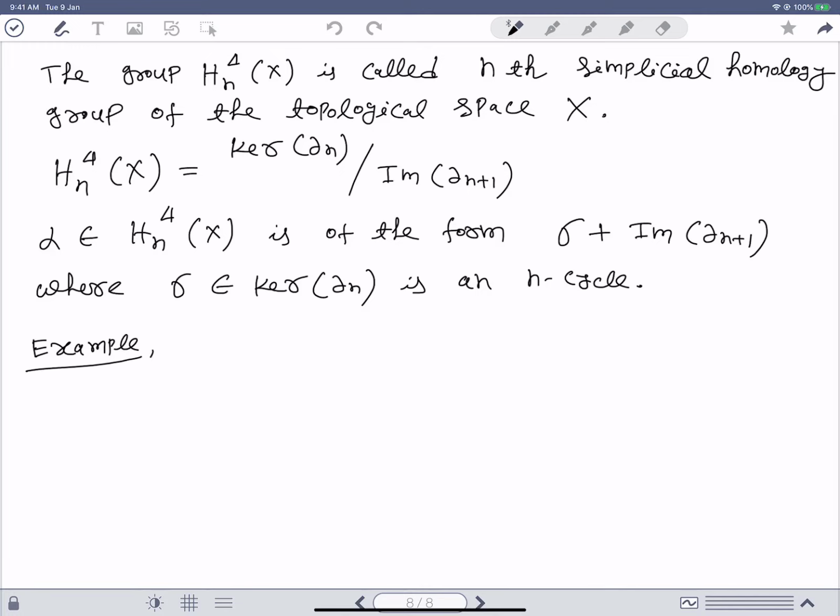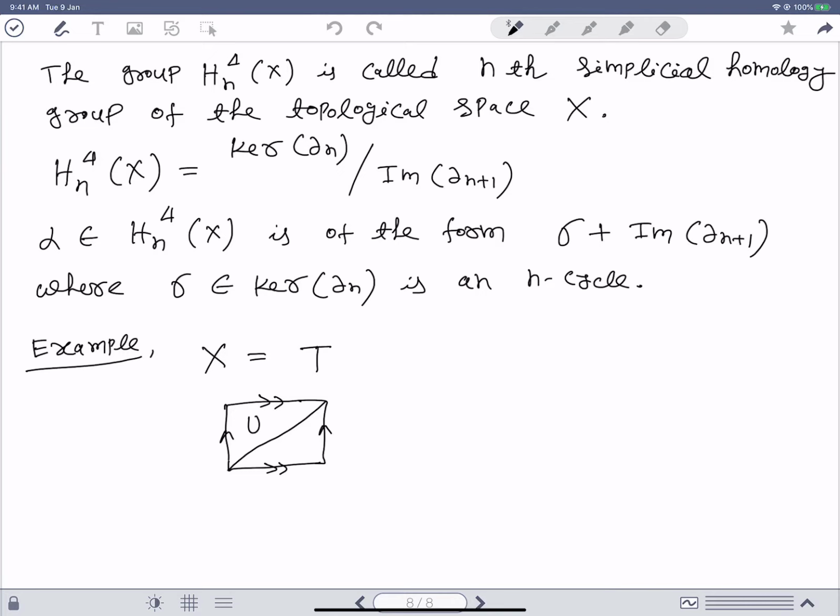So we start with my topological space, say the torus. So we had this one, right?